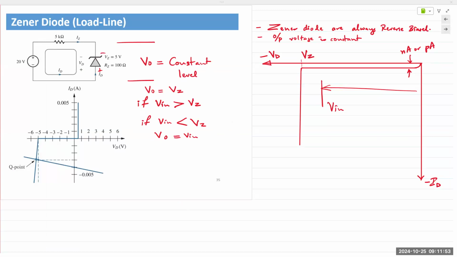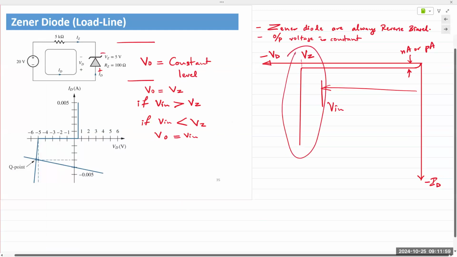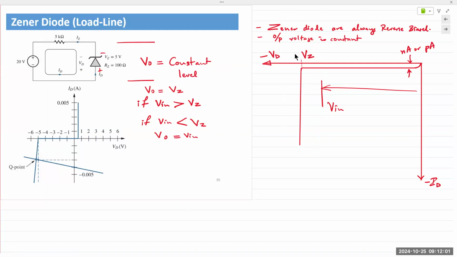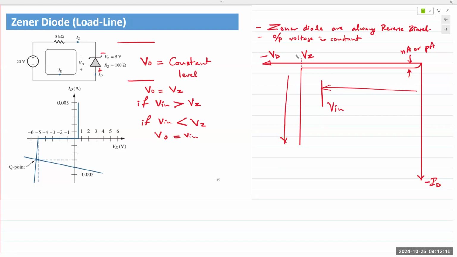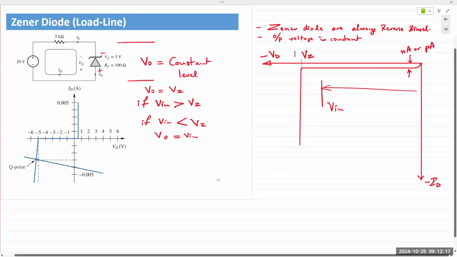The main point of using Zener diodes is that in the reverse bias, when it enters the reverse breakdown region right here, the voltage across the Zener diode is at a near constant level. So as you can see, the current can increase, but the voltage remains near constant. And that is because it is operating in the reverse breakdown region.